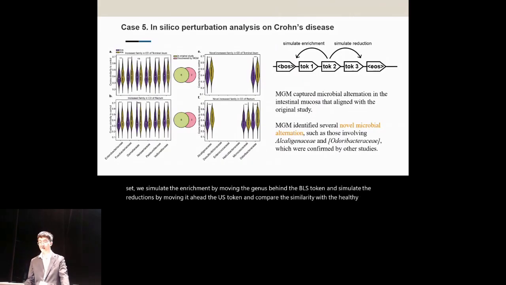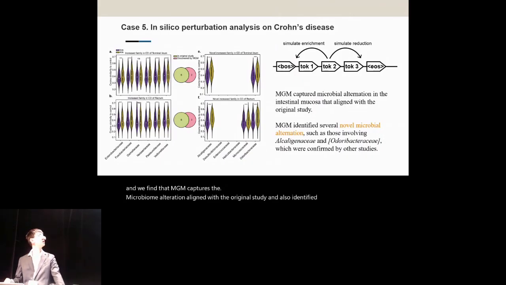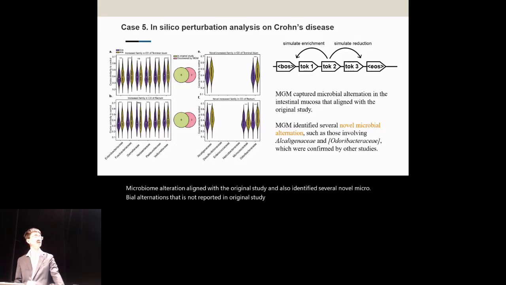We found that MGM captures the microbiome alterations aligned with the original study and also identified several novel microbial alterations that were not reported in the original study, but confirmed by other studies.